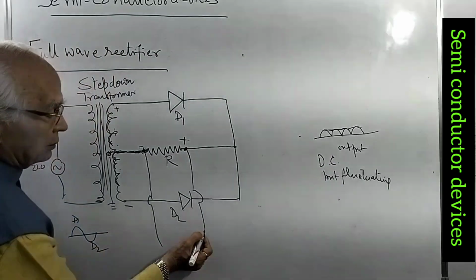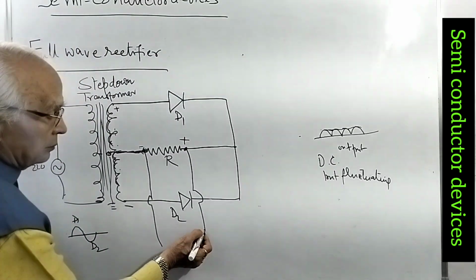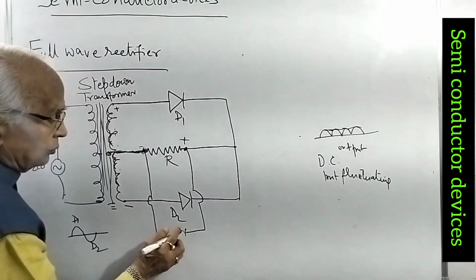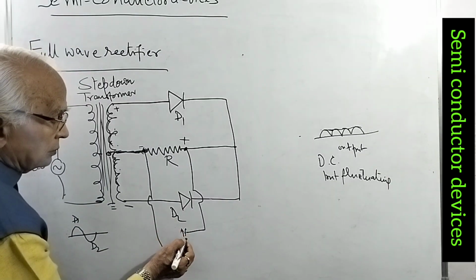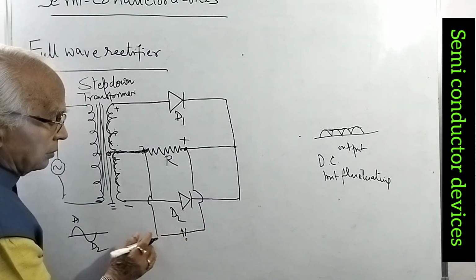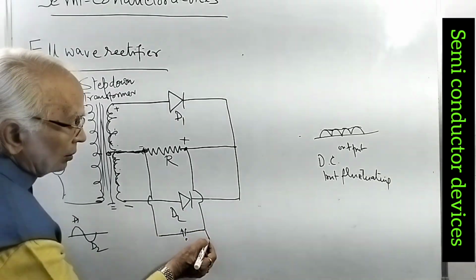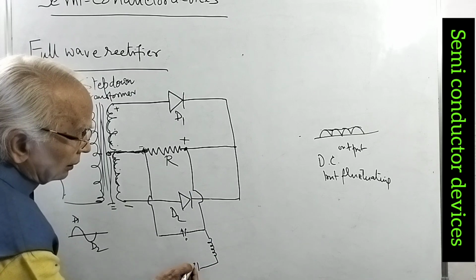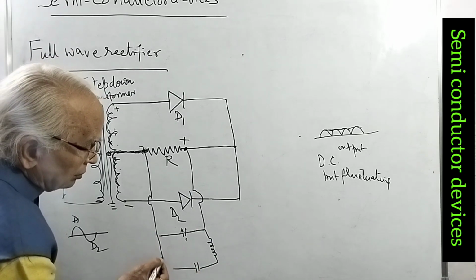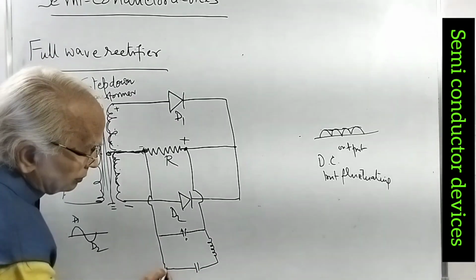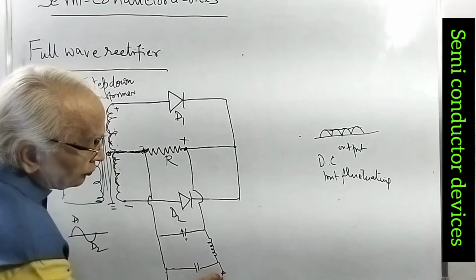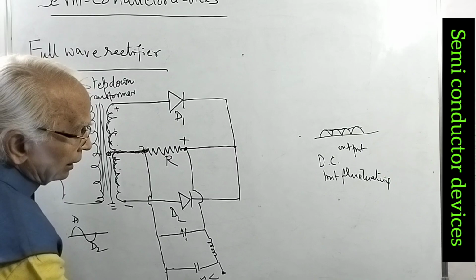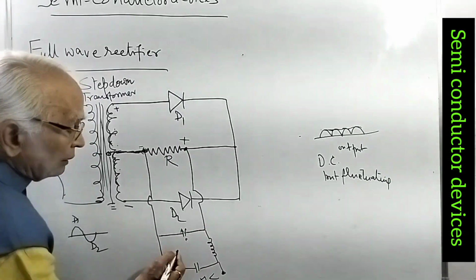Here we can connect, say, a capacitor. This resistance is connected to a capacitor, C, and an inductance, and again a capacitor, C. So this becomes now the voltage, that is IR. But this IR is now smooth, because this is the filter circuit.